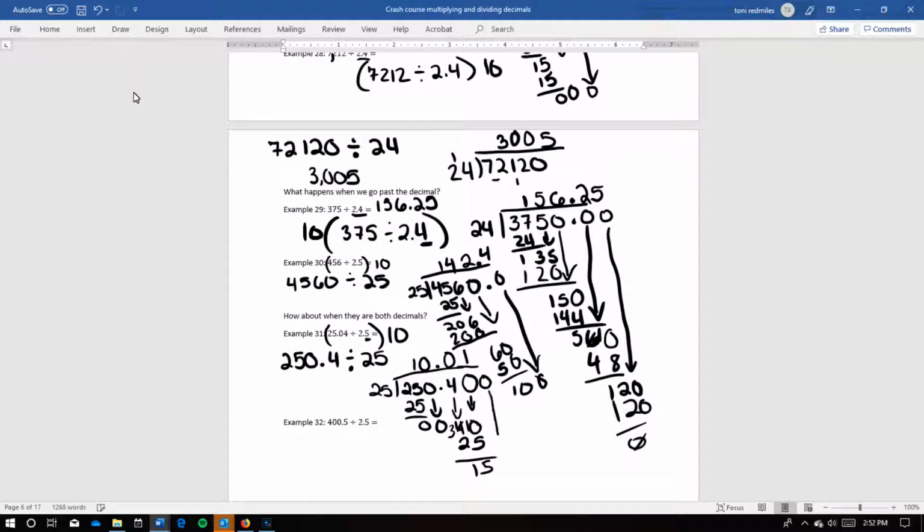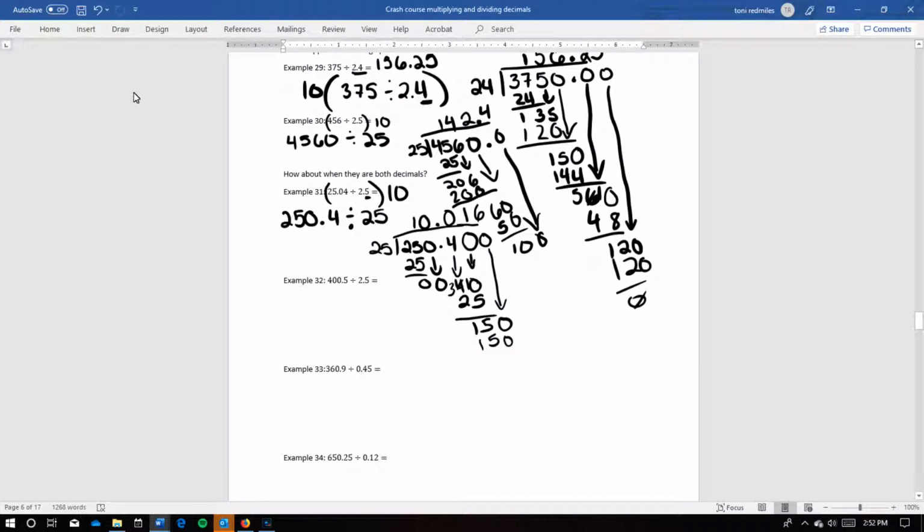I can drop down another 0. 25 can go into 150 6 times. So the answer is 10.016. Again, it's in the middle of the two numbers because I have a mix of whole numbers and decimals.